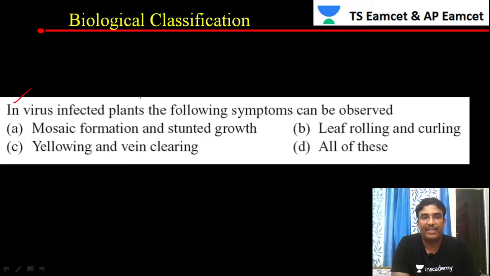In virus infected plants, which of the following symptoms can be observed? What is your answer, students, for this question?